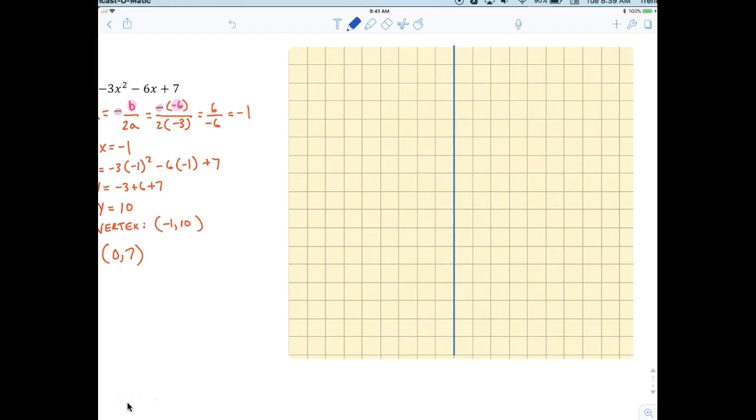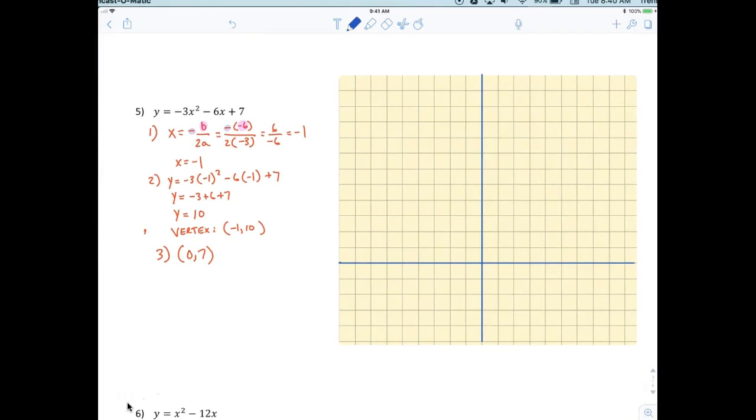Now, I'm going up 10, so that means I should probably put the x-axis a little lower. Now, x equals negative 1. That is our axis of symmetry. So here is negative 1.